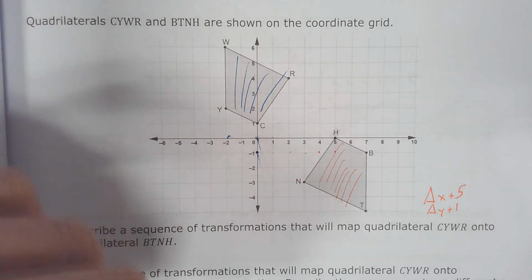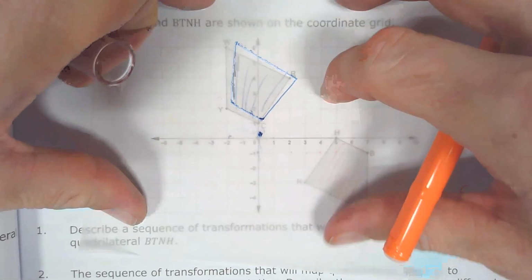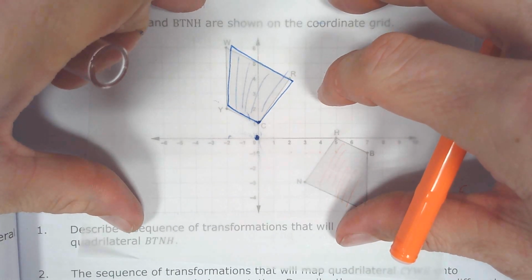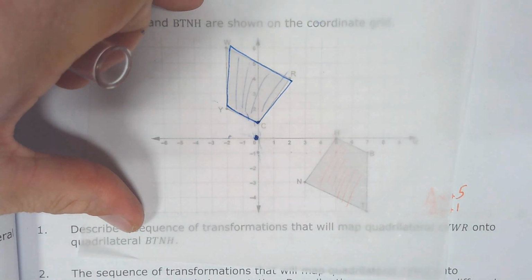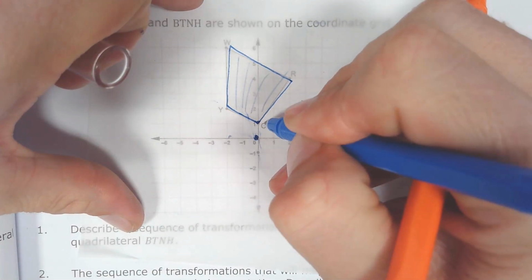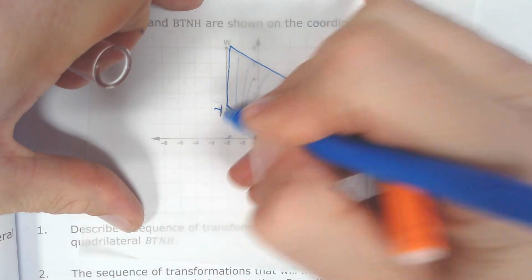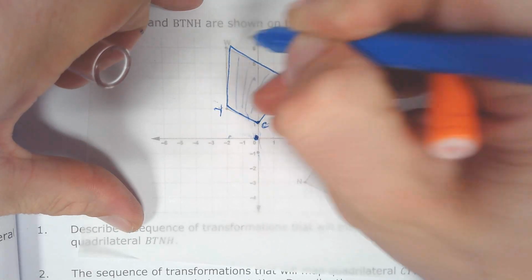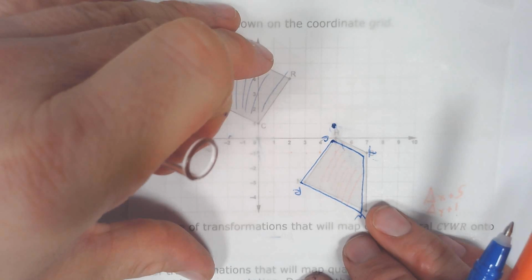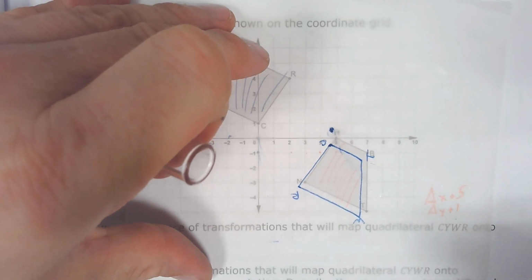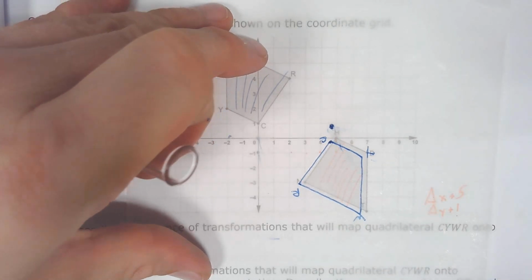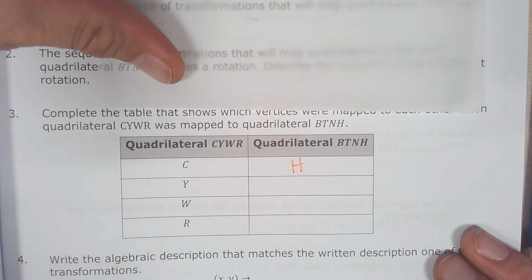Okay, let me just do this. This is C, Y, R, and W, and then it goes like this. That means I go down to the table down here that it's asking me for.